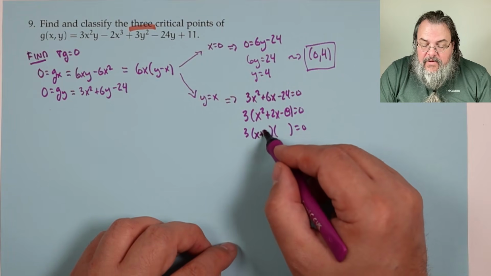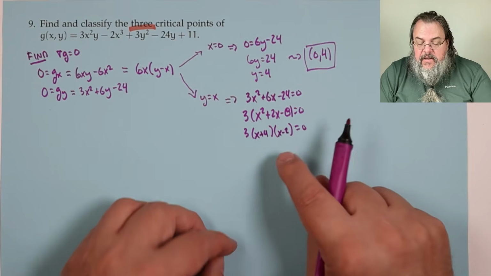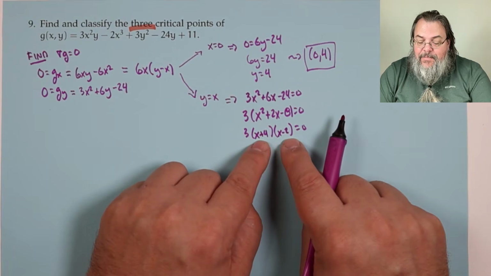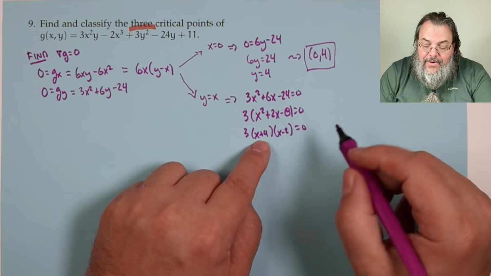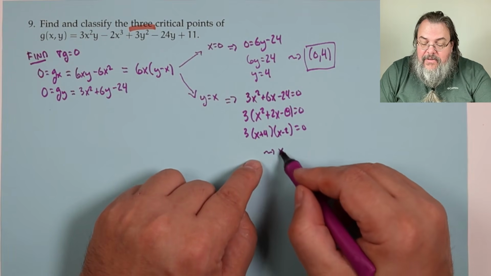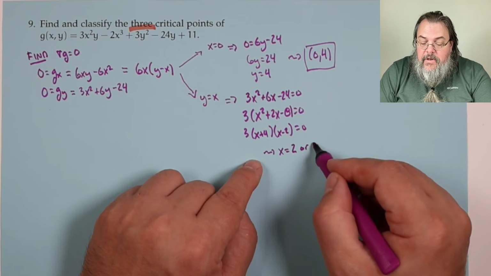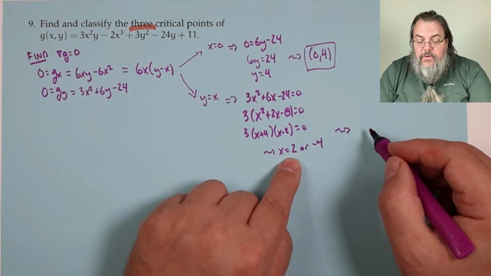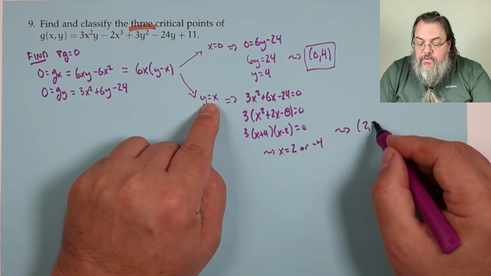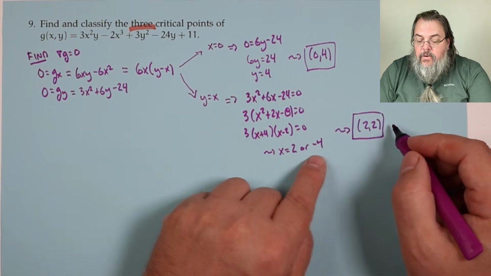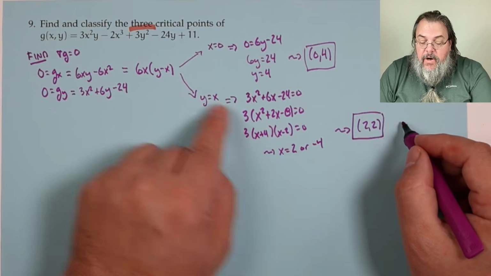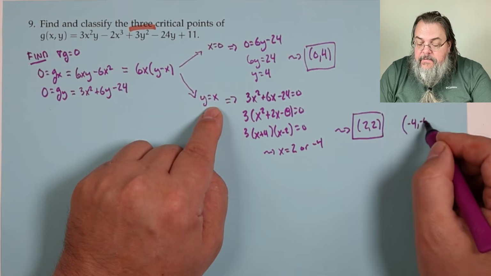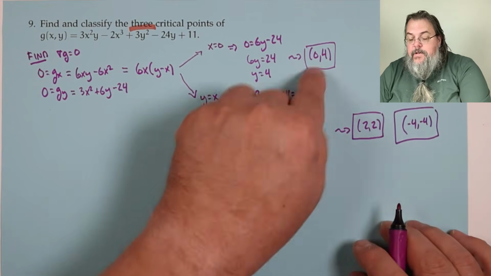For example, (x plus 4)(x minus 2) might do it. Let's check: x squared, good, minus 2x plus 4x is 2x, and minus 8. So x is 2 or negative 4. That leads us to the point (2, 2), since y is also x. Or negative 4 for x, but y is also x, so that leads us to (-4, -4). 1, 2, 3.